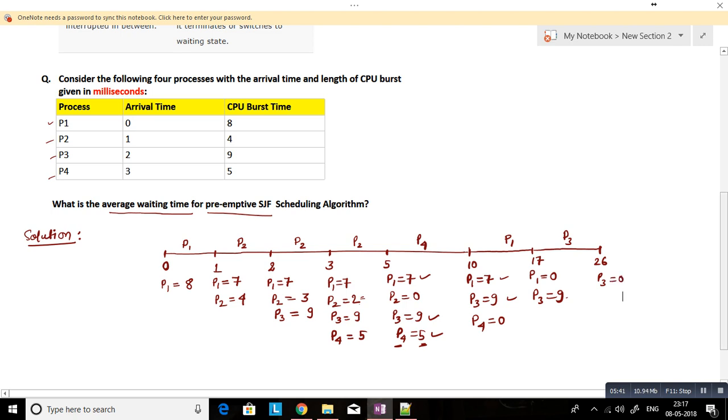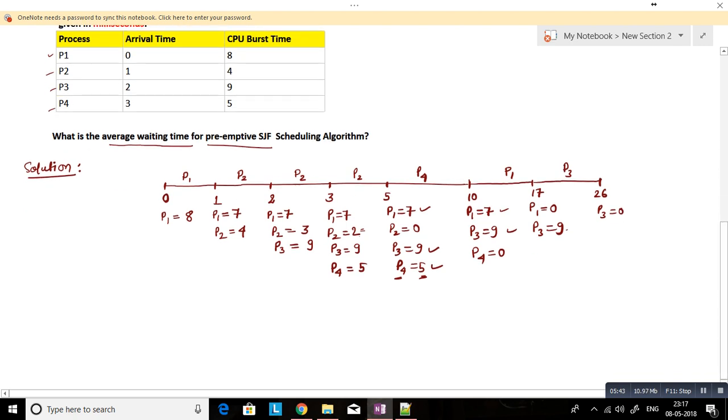Now we have to find the average waiting time. For P1, how long does P1 have to wait?